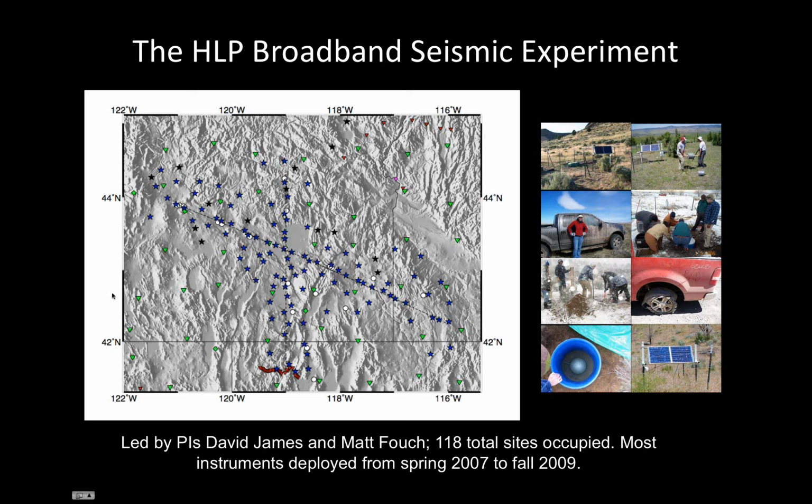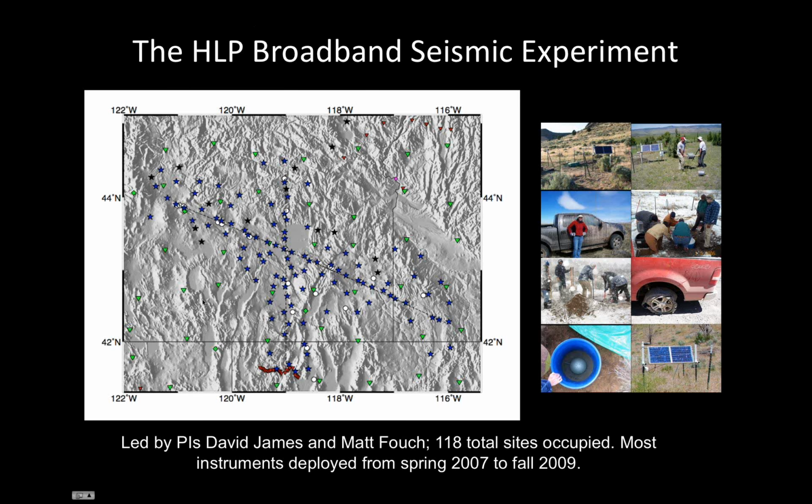The broadband seismic experiment component of the project consisted of over 100 broadbands that were deployed in the High Lava Plains and the surrounding region. Most of the instruments were deployed for a little over 2 years, between spring 2007 and fall 2009, and a few of them were moved, so almost 120 total sites were occupied.